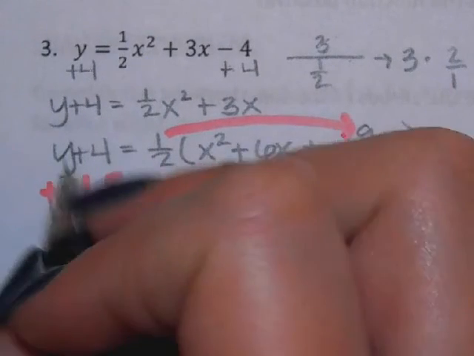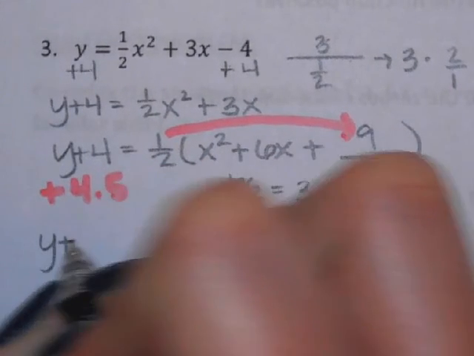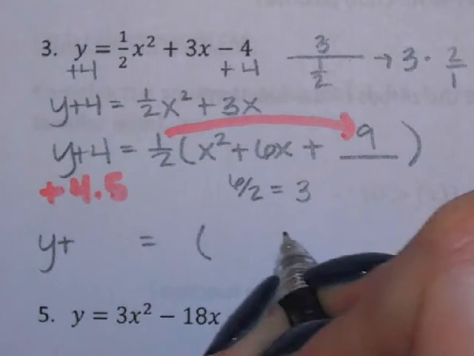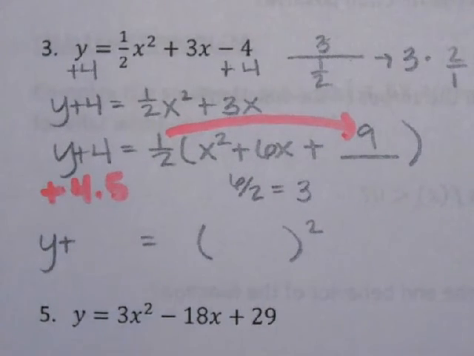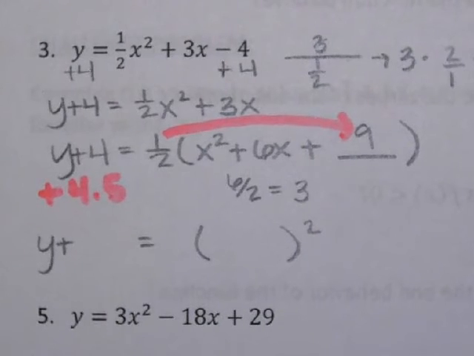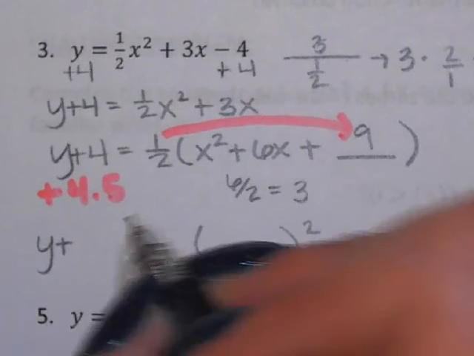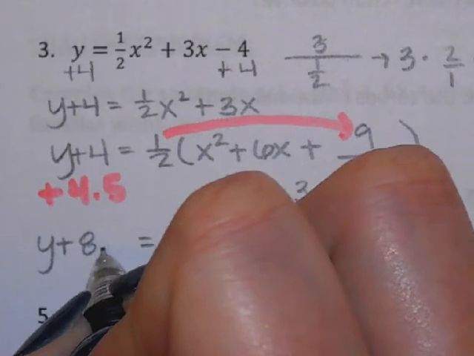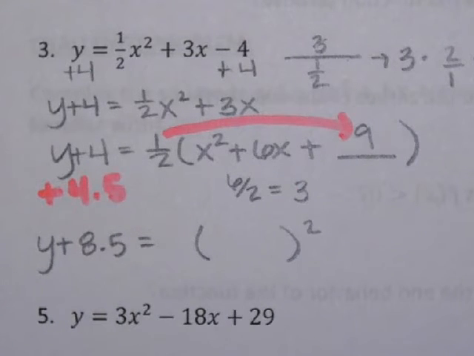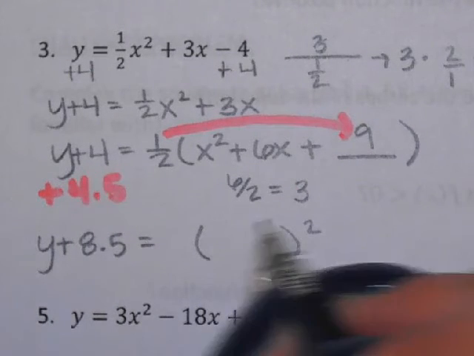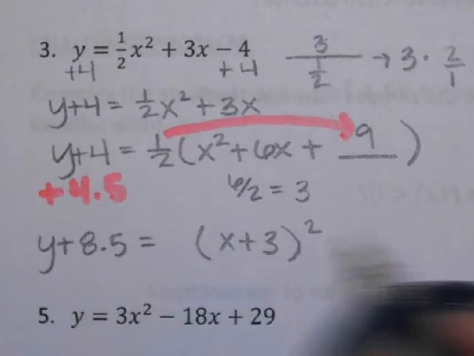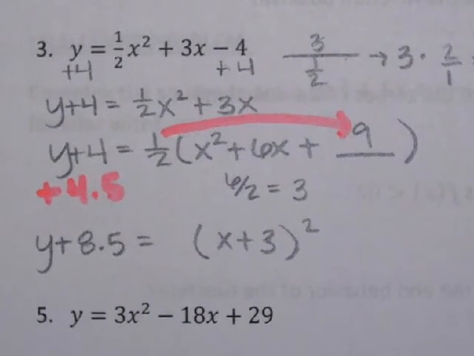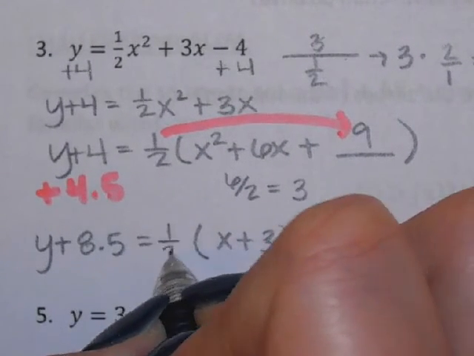Okay, so I have y plus something equals y plus 8.5. X plus 3 squared. We are missing one little thing in there, the 1/2 in the front, okay?